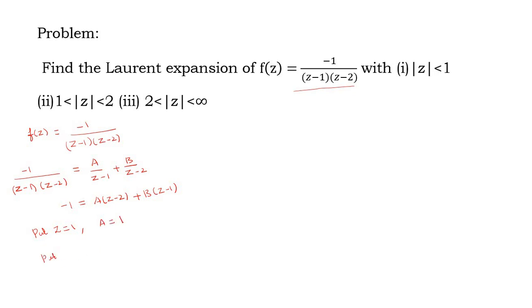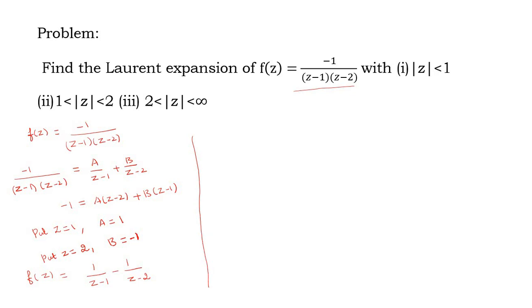Put z equal to 2, we get minus B equal to 1, so B equal to minus 1. Therefore f of z equal to 1 divided by (z minus 1) minus 1 divided by (z minus 2). Now we separately split the two factors.